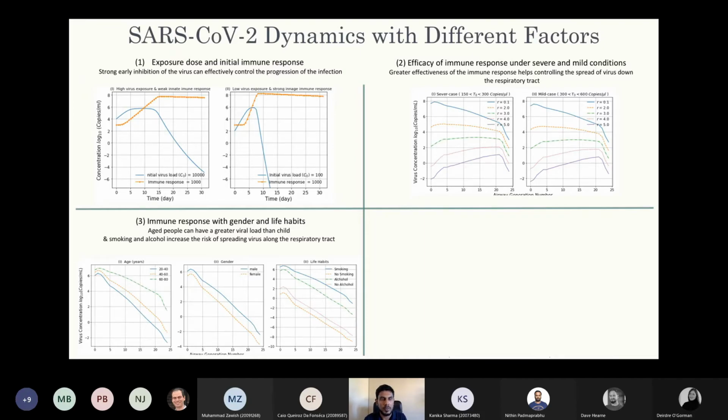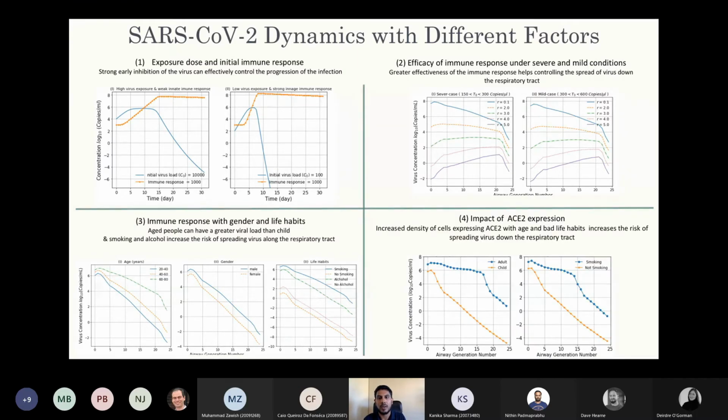Apart from the immune response and exposure dose, ACE2 expression also has a huge impact on the viral dynamics. For example, the fourth graph shows how ACE2 expression is impacted with respect to age and smoking. Adult people have high ACE2 expression. Therefore, the virus load in adults' respiratory tract is higher than in the child's respiratory tract.